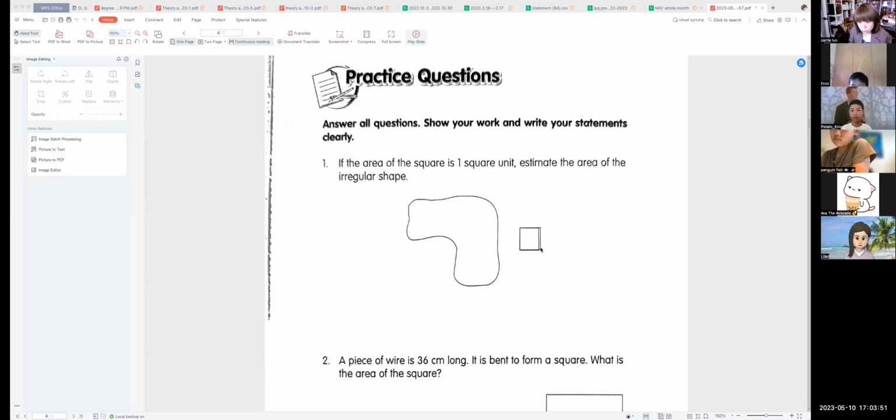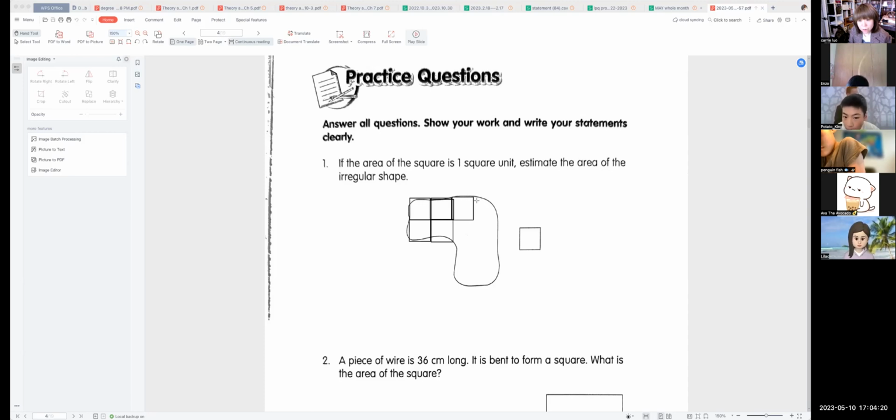Can I move it? So one, about one, right? And you can see two, three, four, sorry, it's ugly.